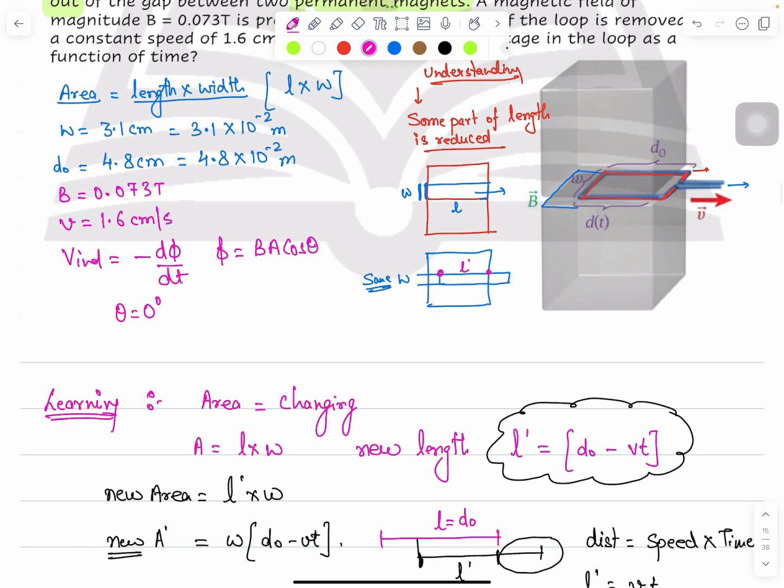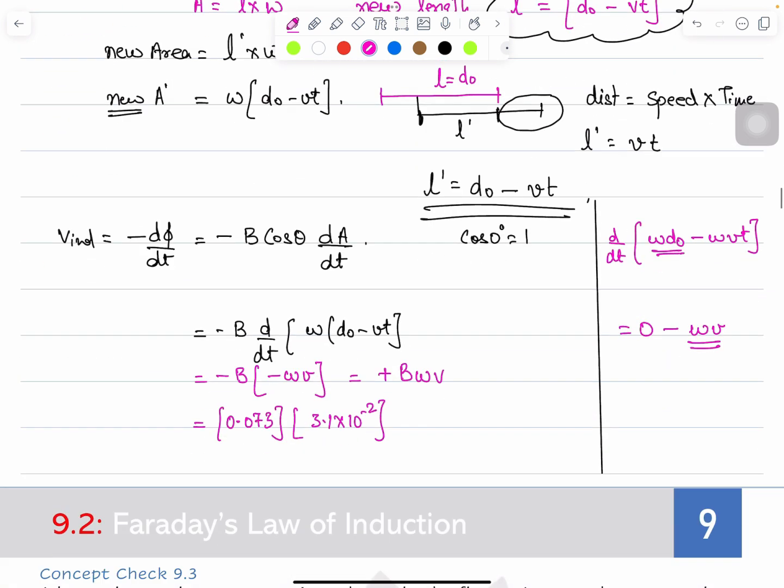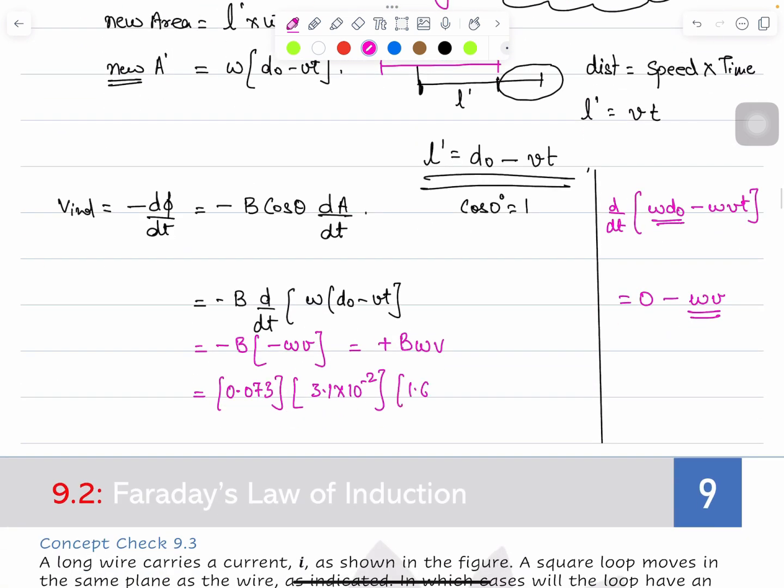You need to convert centimeter to meter. So 1.6 times 10 raised to power negative 2 meter per second. Clear? Centimeter to meter. Okay, solve. So you will get 3.6 times 10 raised to power negative 5 volt.